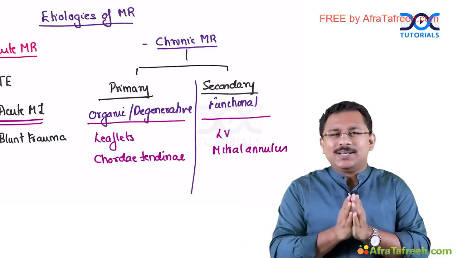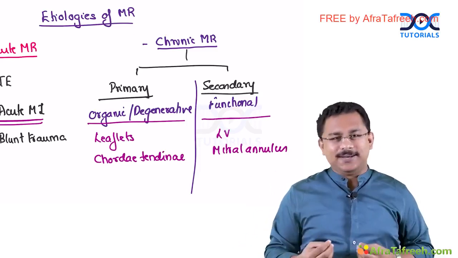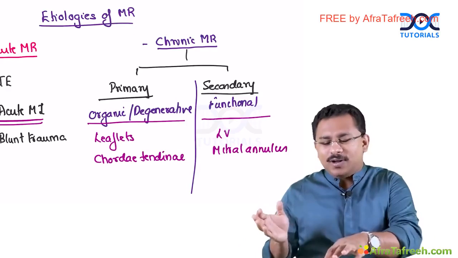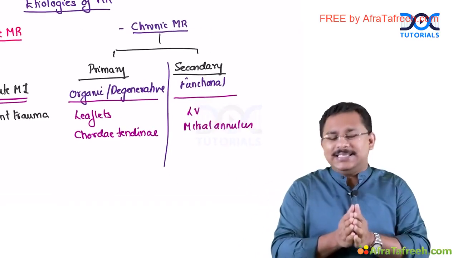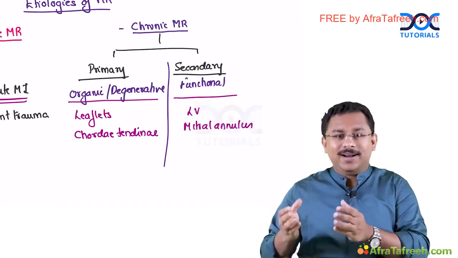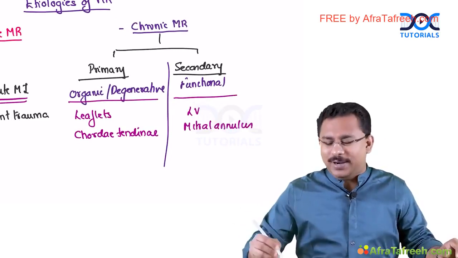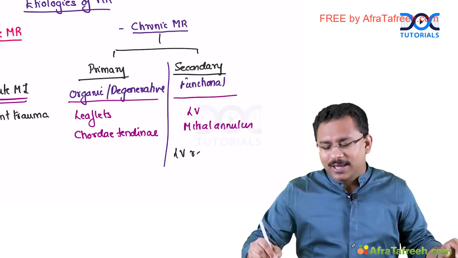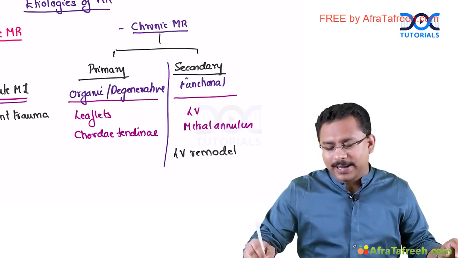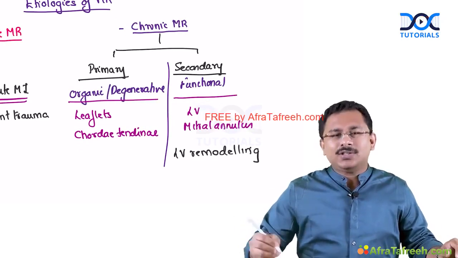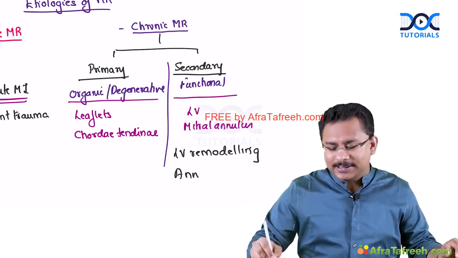So when it comes to a secondary mitral regurgitation, the reason for the regurgitation is, as I told you, left ventricle affection. There is a remodeling of the left ventricle, and also you can have an annular dilatation.